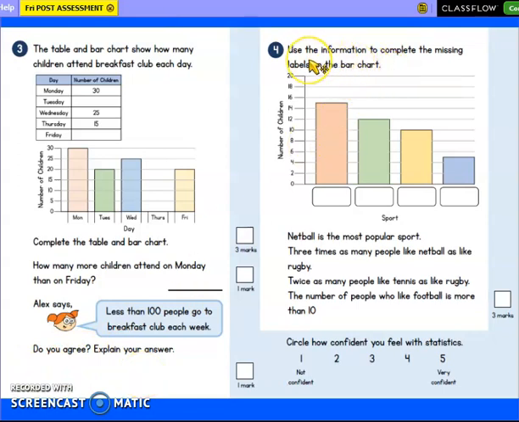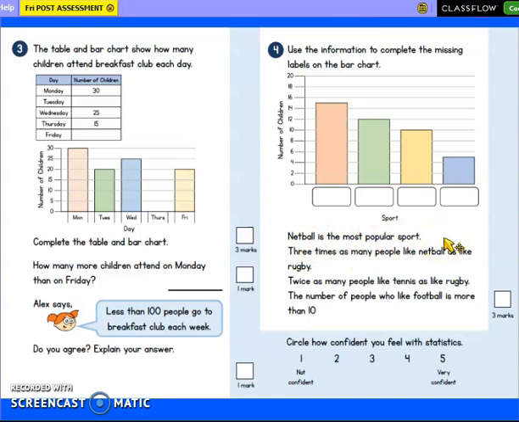Number 4. Use the information to complete the missing labels on the bar chart. Here you can see the number of children goes up in 2s, and here we can see the bars that represents. Netball is the most popular sport. Which bar would represent netball?